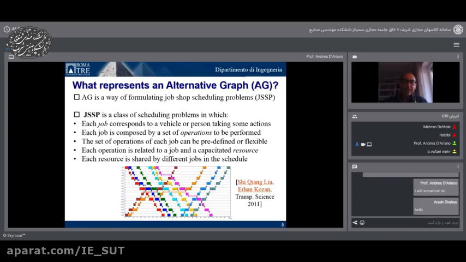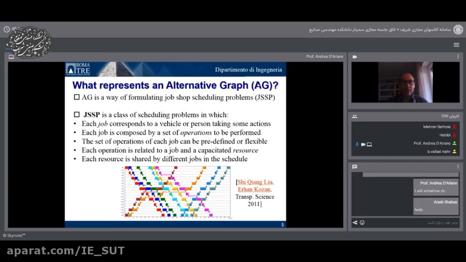And then the set of operations are predefined. They are to be executed in a row. Sometimes it can also be flexible, so you can change the order of processing the operations in a job. Each operation is an action that is related to a job and to a resource. And the resource in this context has a capacity. And each resource can be shared by different jobs.